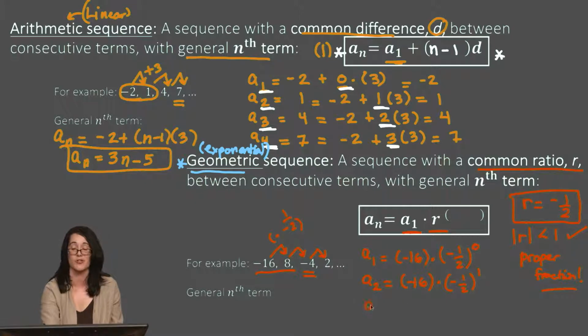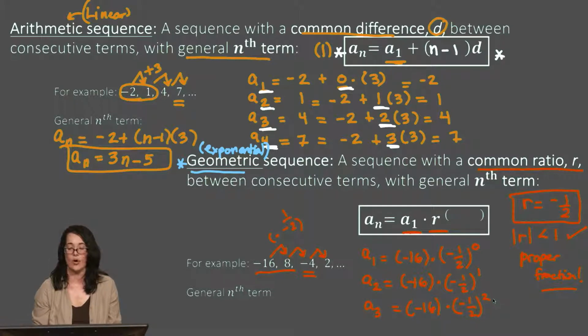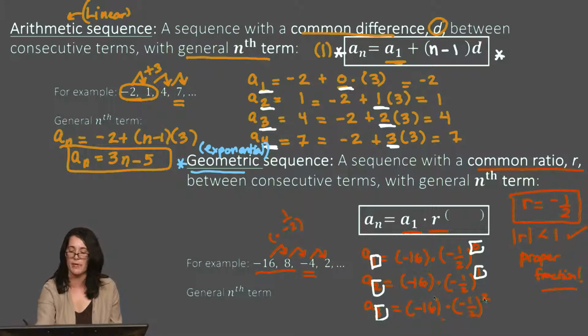And to get to my third term, you get the idea hopefully soon, if you haven't already, starting at your first term, you multiplied by, that's right, 2 copies of r, where r was negative half. So what is going on here? Aren't you really saying that you start at your first term and you multiply by how many copies of r? One fewer than your term number. So what would my exponent of r be? Yep, that's it, n minus 1.